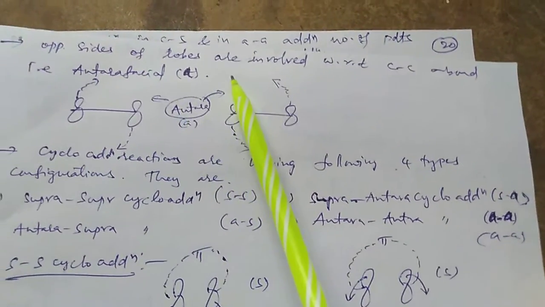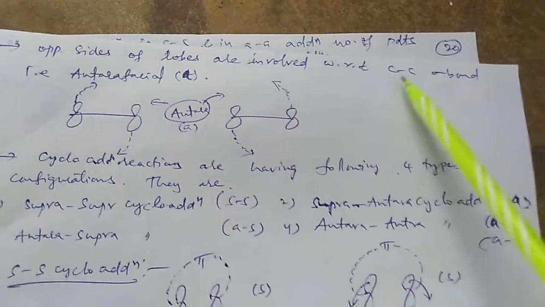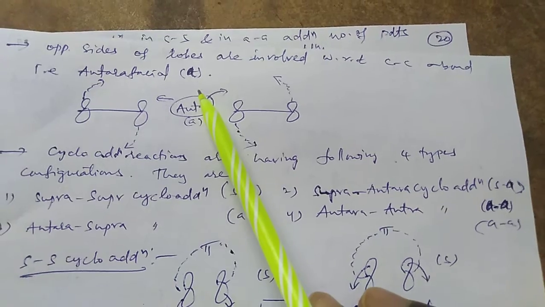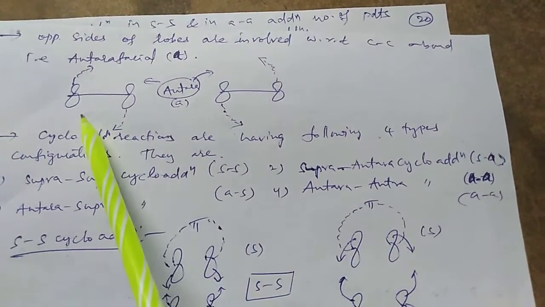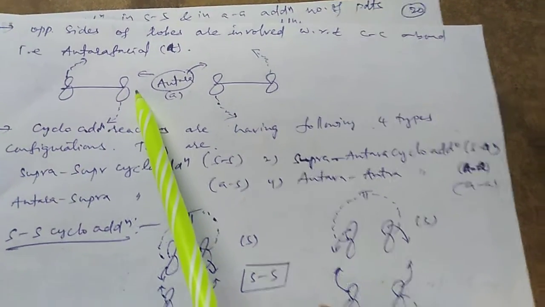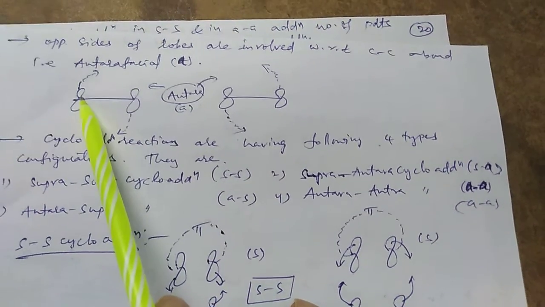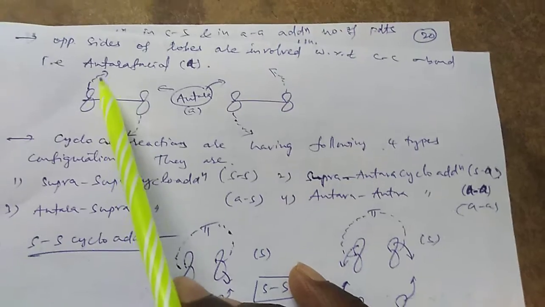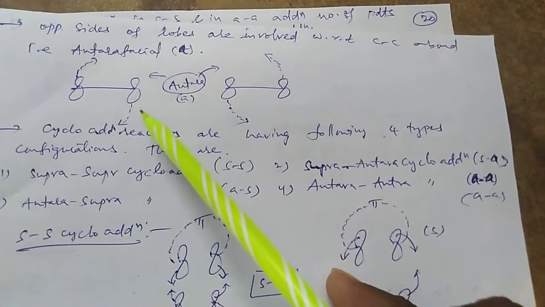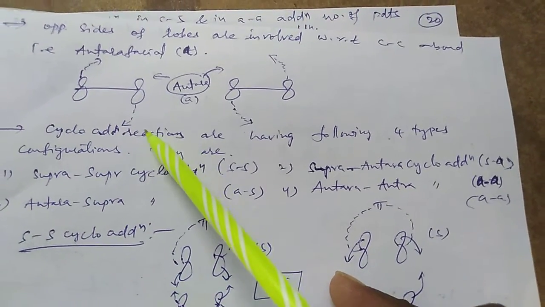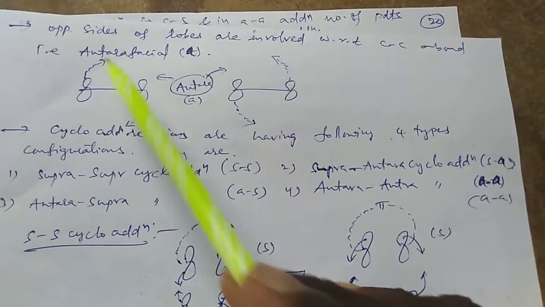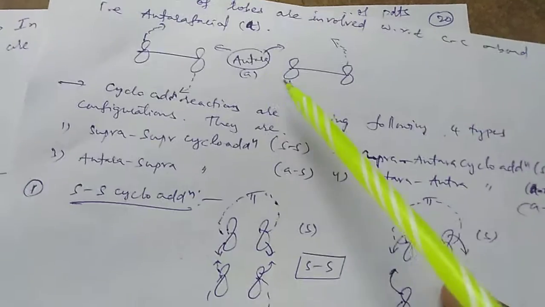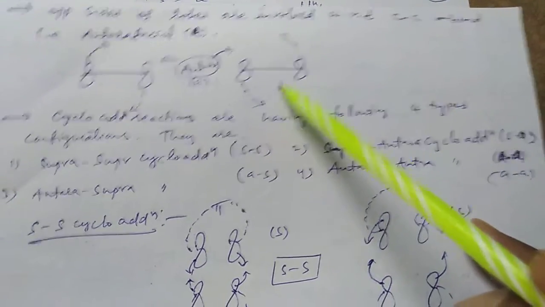When opposite-side lobes are involved with respect to the carbon-carbon sigma bond, that is antarafacial, denoted by A. If, of the two atomic orbitals at the termini of the compound, one atomic orbital forms a new sigma bond on the upper face and the second sigma bond forms on the lower face, it is called antarafacial. It is denoted by A. The same case appears in this figure.